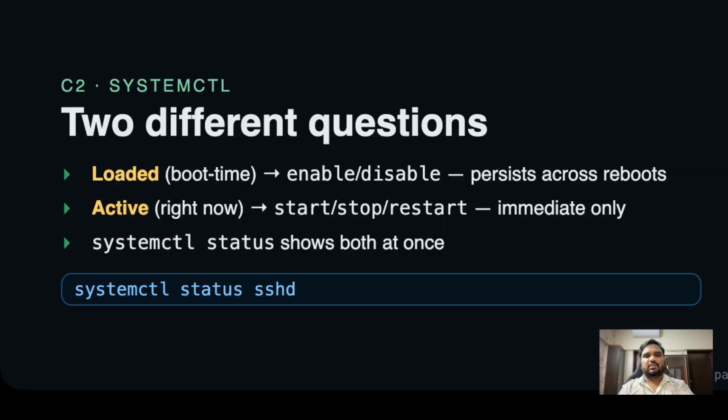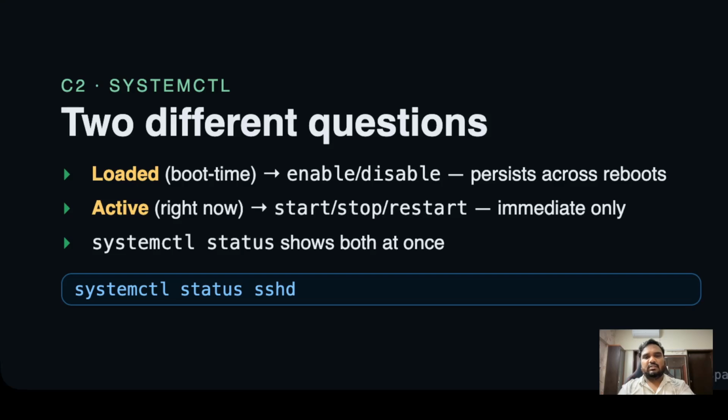This is worth memorizing because beginners mix it up constantly. There are two separate questions you can ask about any service. First, is it set to start automatically at boot? That's the loaded state, the boot time setting, and you control it with enable and disable. Enable means start this every boot from now on, and it's persistent. It survives reboot. Second question, is it running right now?